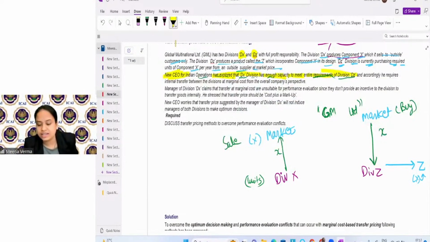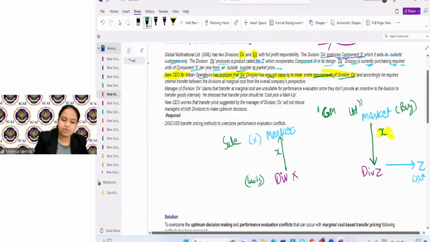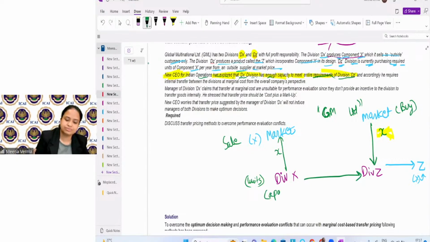So instead of buying from outside, DZ has the option to receive the goods from inside. They have enough capacity here. All right, this is given here.